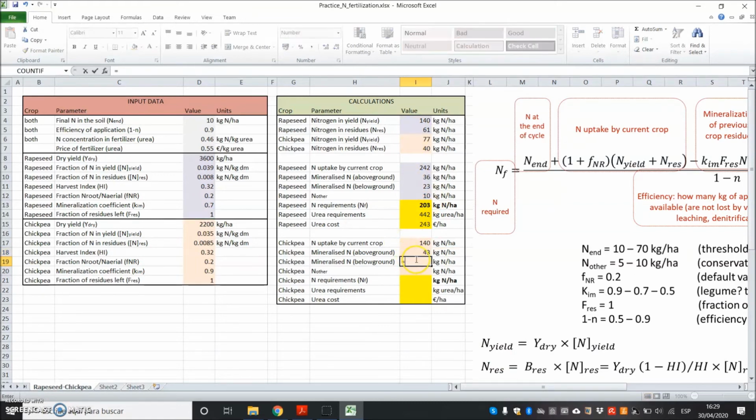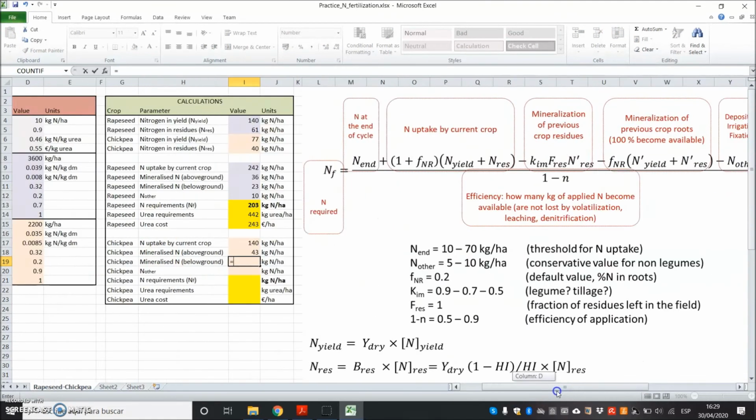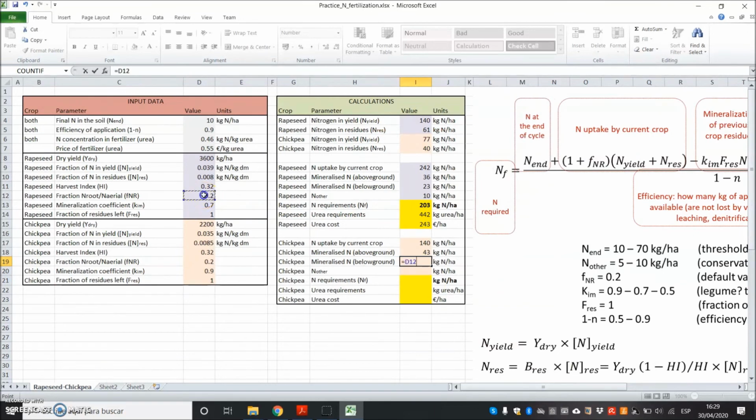And for below ground residues, we use the fraction of nitrogen that multiplies the sum of these two variables. So in total is 83 kilograms of nitrogen per hectare.